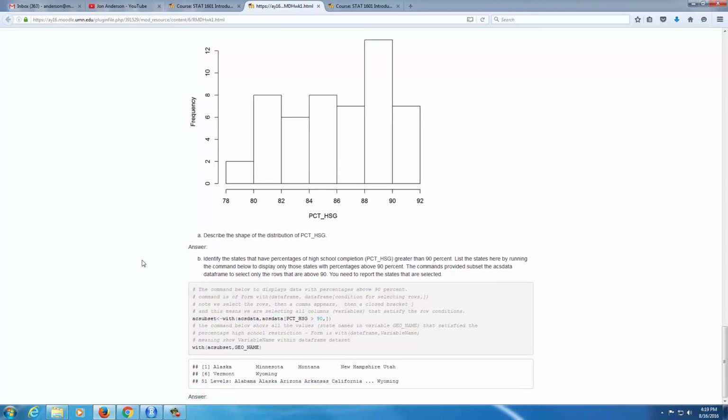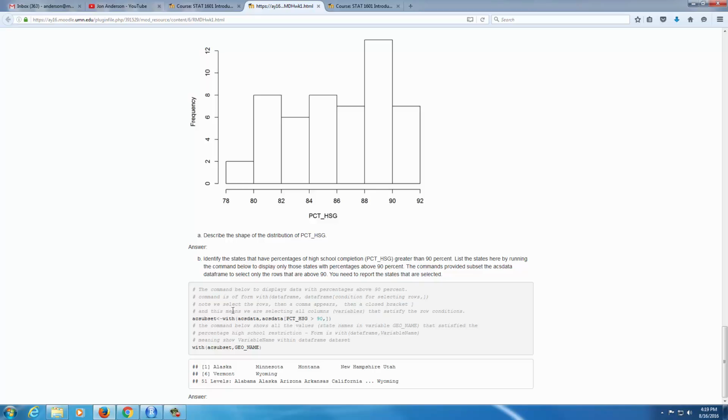In part B, I want you to run this code and have it extract the names of the states that have percentage of high school graduate completion that are bigger than 90%.